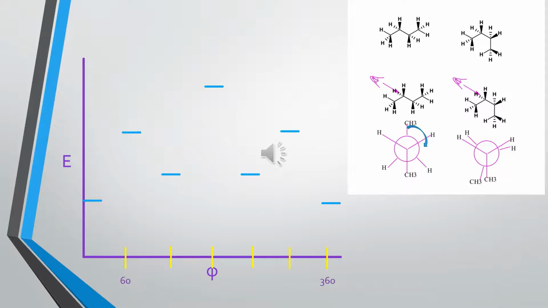We can compute the exact percentages if we know the actual energy differences between the conformational states, and we can get that information.